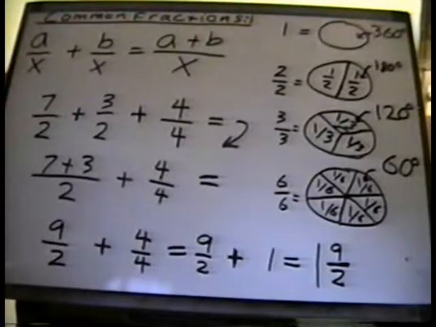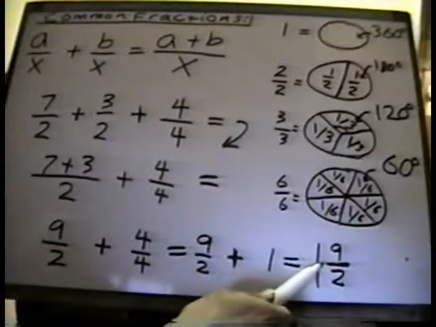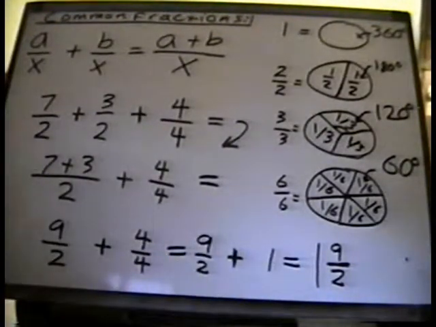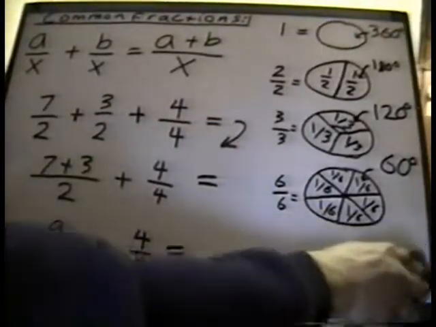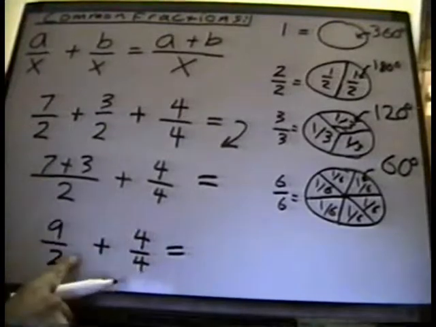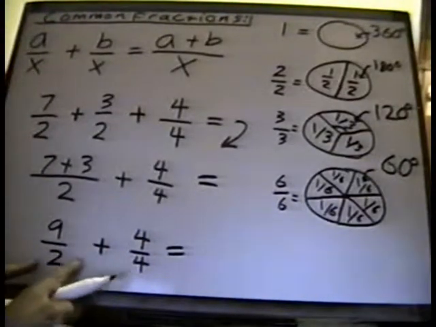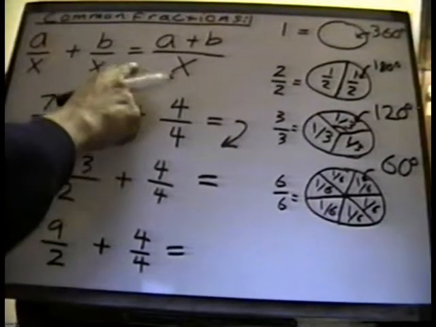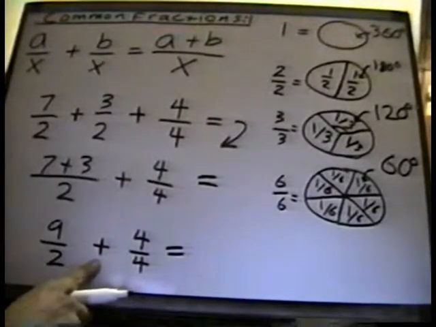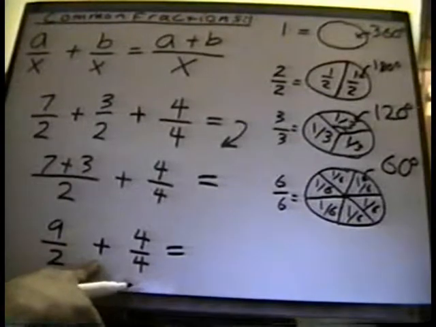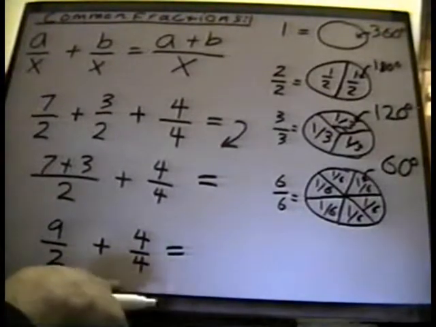Now that's the first way we could do that. We're still going to get an equivalent answer. Now the second way, like I said, is we can convert it to different terms. So to add these using this method, we know that 4 over 4 equals 1.